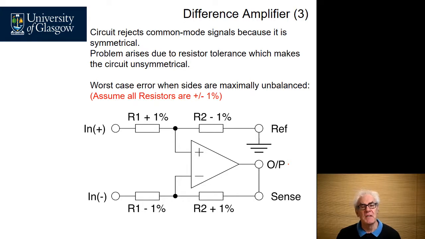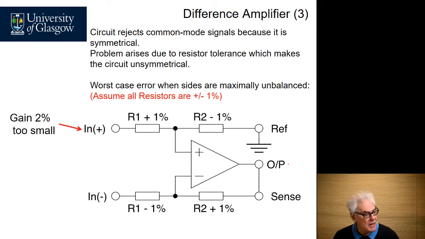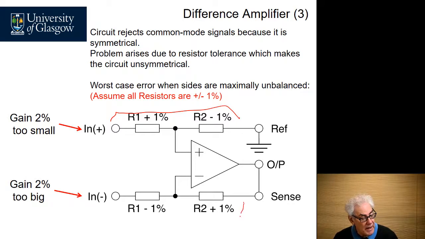For this analysis, we'll assume that all the resistors are 1% tolerance, but it could be anything. R2 over R1 would be approximately 2% small, because the gain is defined by R2 over R1, and R2 is smaller than R1 by 1%. On the other leg, the gain is 2% high for exactly the same reason.